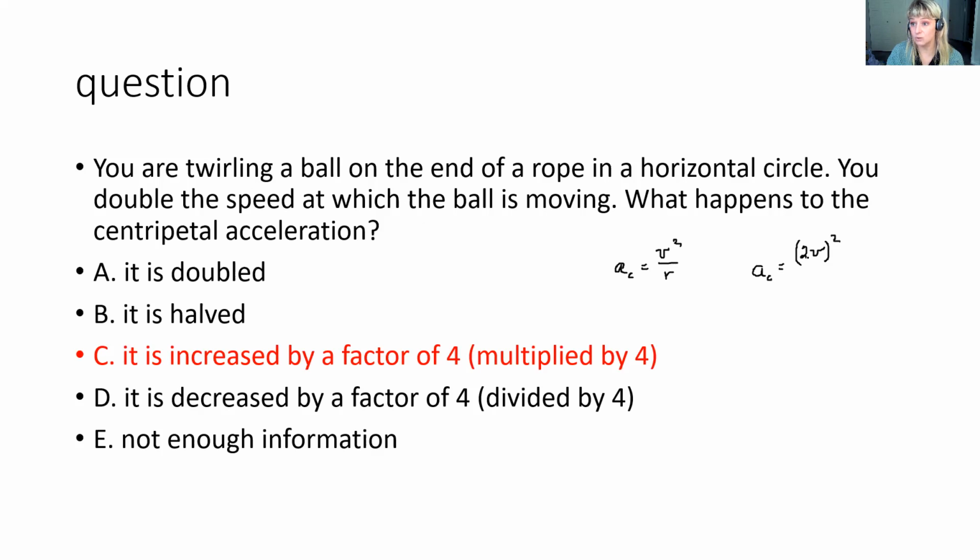This is my new velocity, and I square it, and then I divide by r again. This becomes 4v squared over r. This is 4 times the original centripetal acceleration that I started with before I doubled the speed.